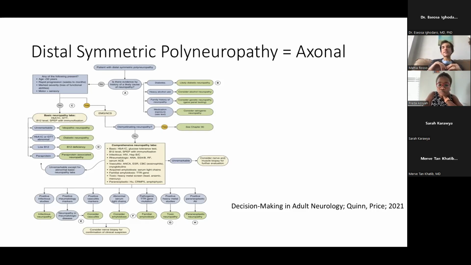And the first thing that you need to ask is whether there are any red flags. And again, we touched upon some of the red flags, and I think the time course is the most important thing, right? So we talked about the two different scenarios where someone presents in the ED with sensory loss and weakness that has developed over days.